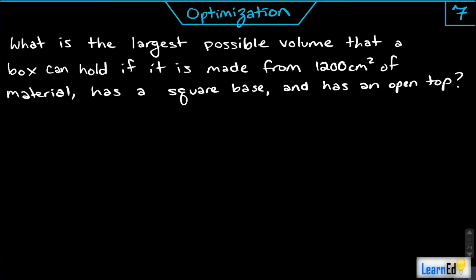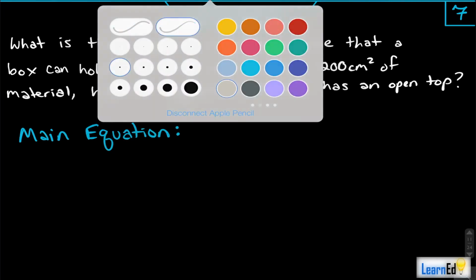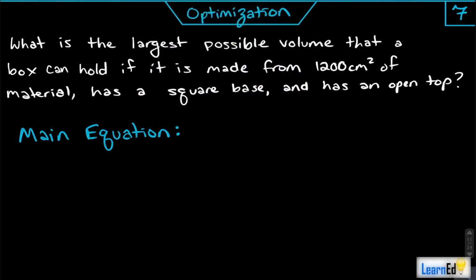right? So what's our main equation? That's going to be the first thing we should write down. Our main equation is the volume of a box. It's got a square base, so it's not a cube, right?